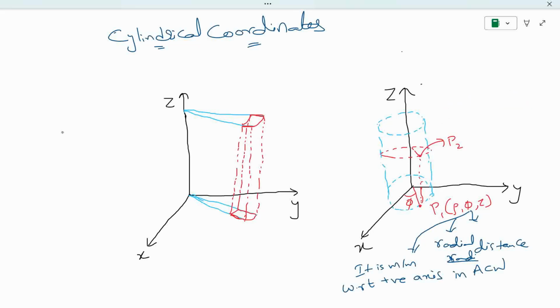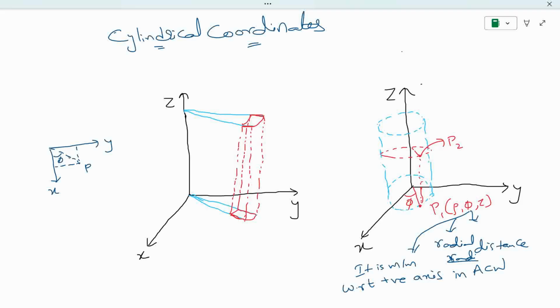Now let me convert the coordinates using trigonometry. Here x is in this direction, y is in this direction, and we have P here. So P is like this, making an angle of phi.